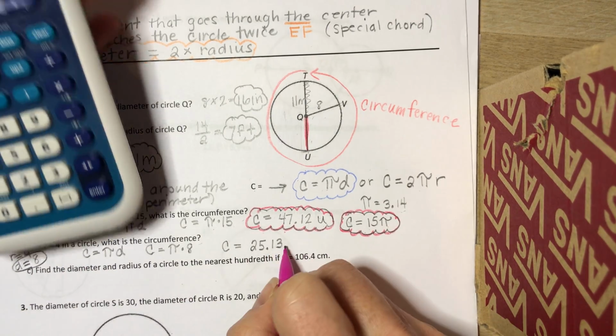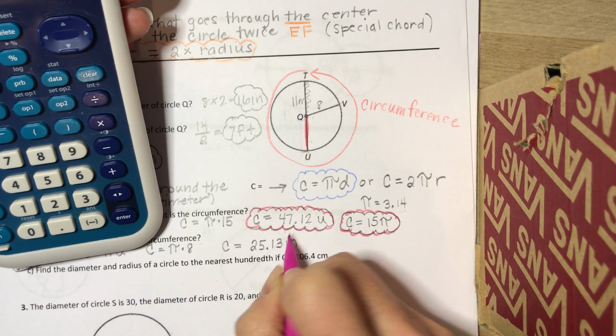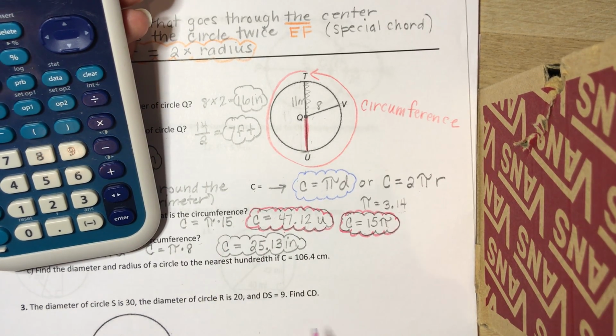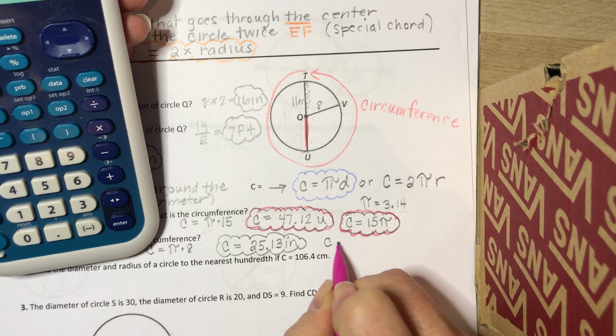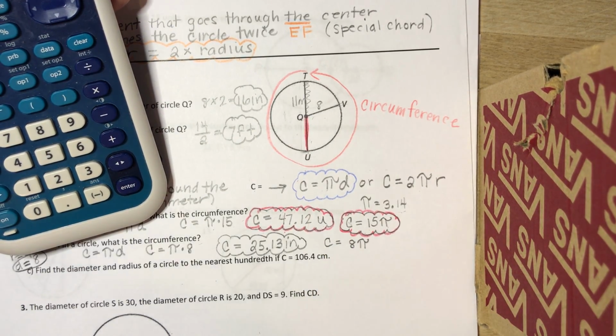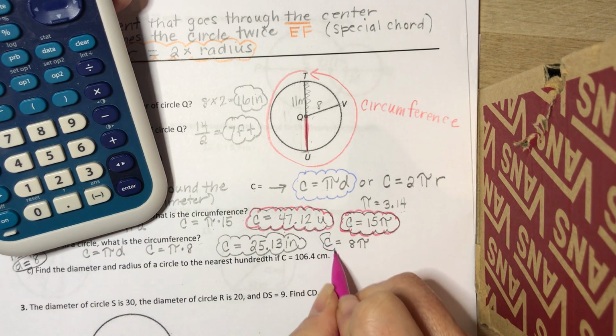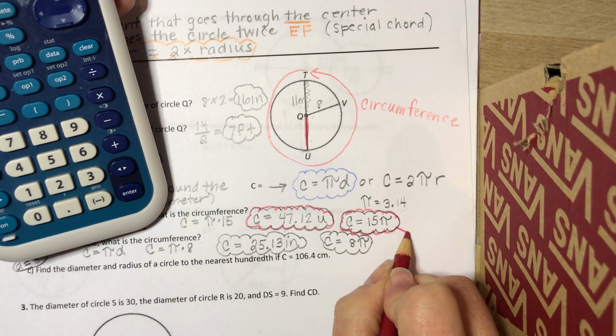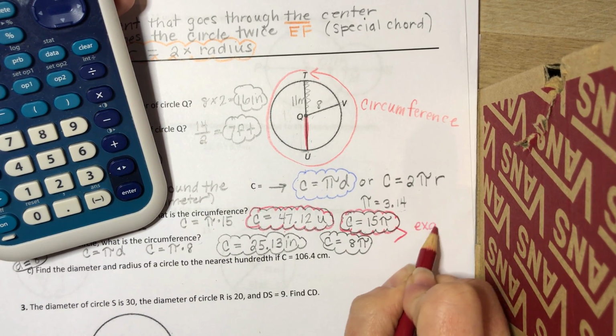We'll say that they're inches. If I want my exact answer, my circumference would be 8 pi. All right, these are your exact answers.